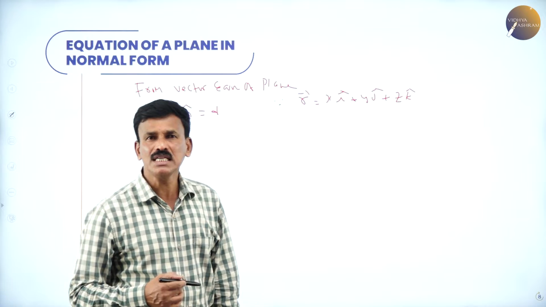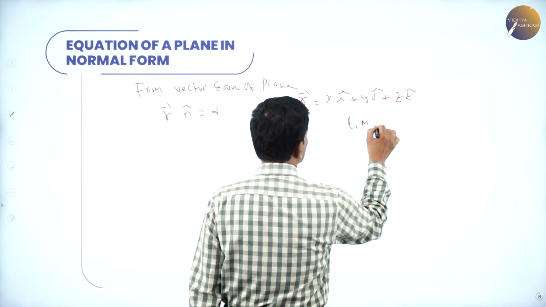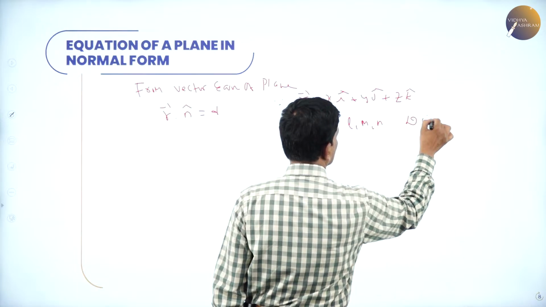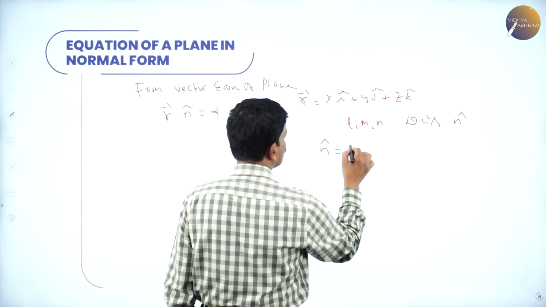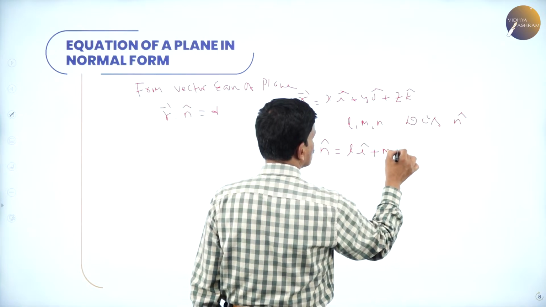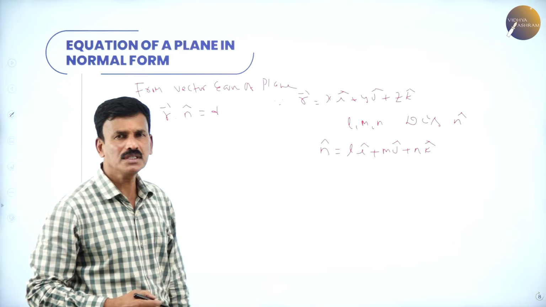Now suppose L, M, N are the direction cosines of N cap, then vector N cap is equal to L into vector I plus M into vector J plus N into vector K. Substitute here.